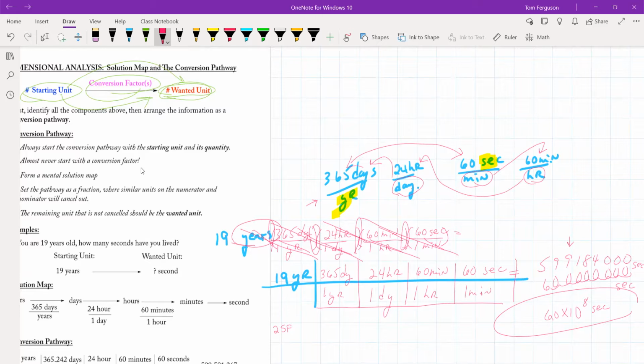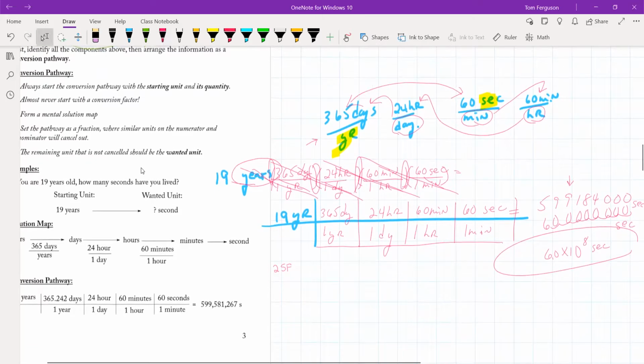Once we get the setup done, then we just grind out the numbers and make sure our significant figures are consistent.